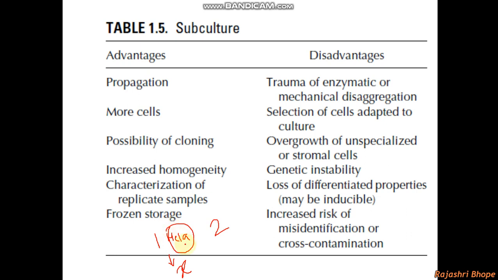You have inoculated this HeLa cell line into the flask. Then, after completing this procedure of subculturing, the second cell line you are taking is the CHO cell line, Chinese hamster ovary cell line, and putting it in another flask. Now these two cell lines are different, but while working on this you are using the same pipettes, the same medium, so there are chances that the HeLa cells get mixed with the CHO cell line. So this is known as cross-contamination.